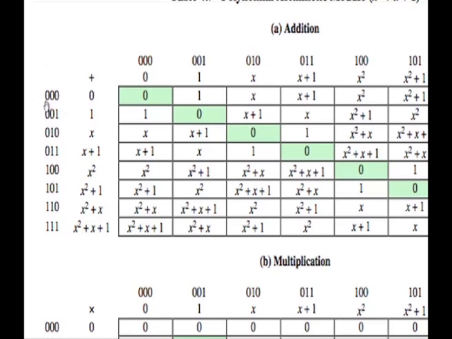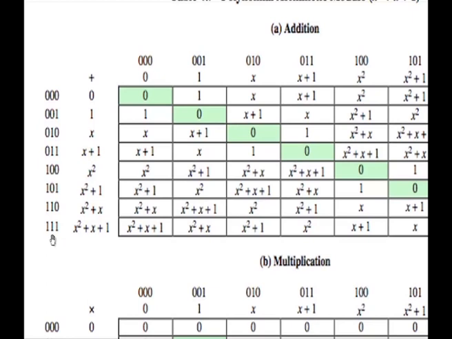That is 2 power 3 combinations of 3 bits, and these 3 bits are represented as polynomials. If all are 0, I say that is 0; when you represent this binary in terms of a polynomial, 1 1 1 means x square plus x plus 1, that is the meaning.